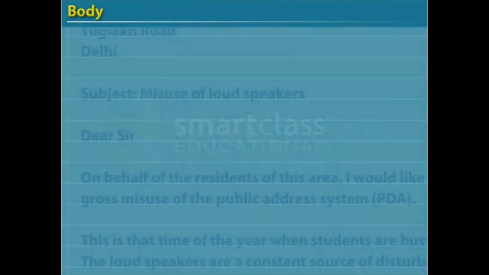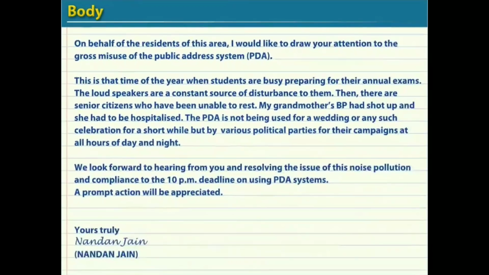Body. The body forms the most important section of the letter. Divide the body into 3 paragraphs, as in all formal letters. Do not indent the paragraphs or leave a line between them. The first paragraph must mention the issue that prompted you to write the letter of complaint.